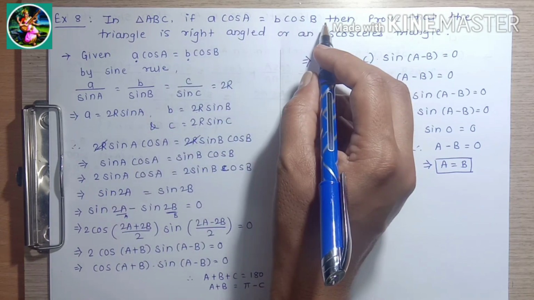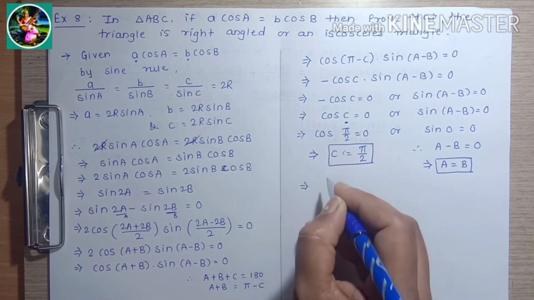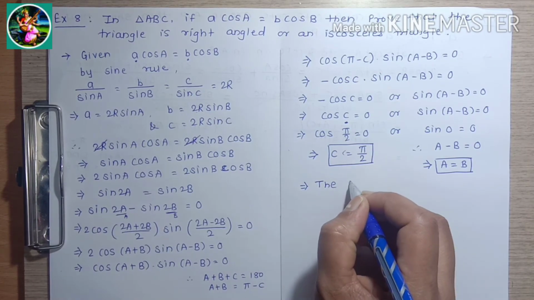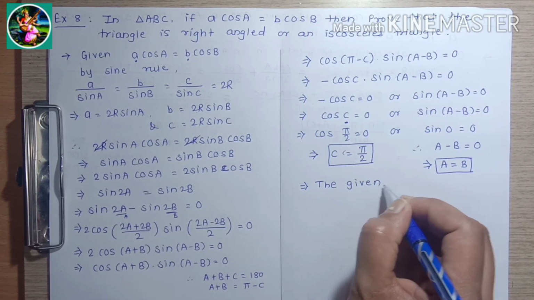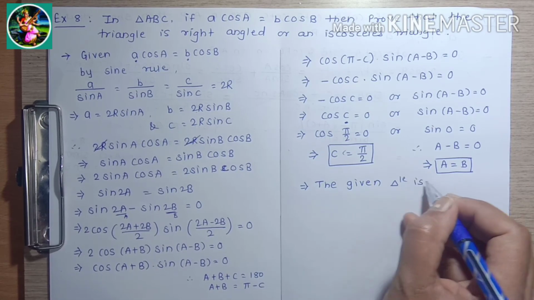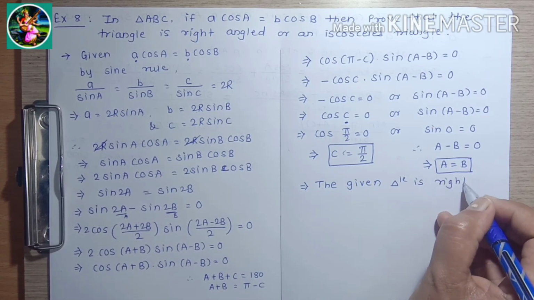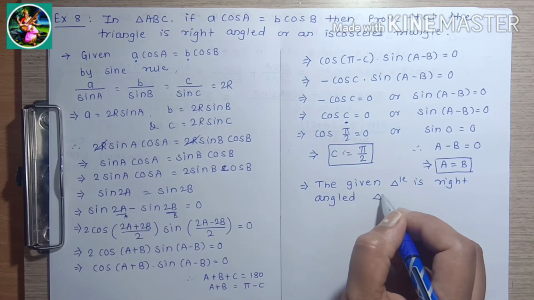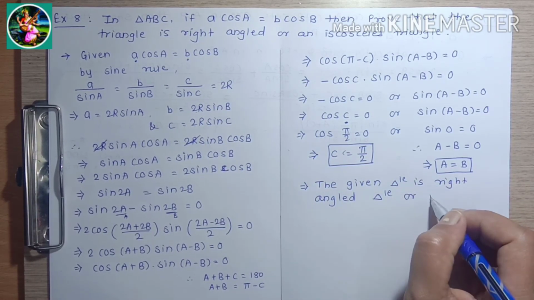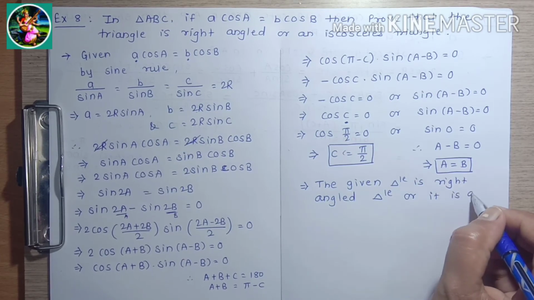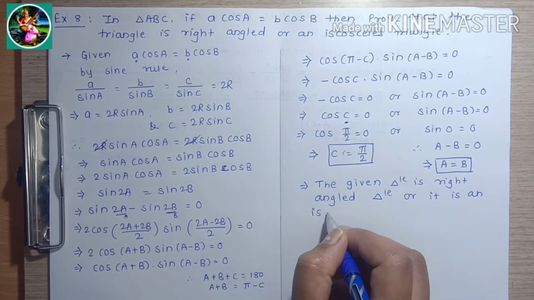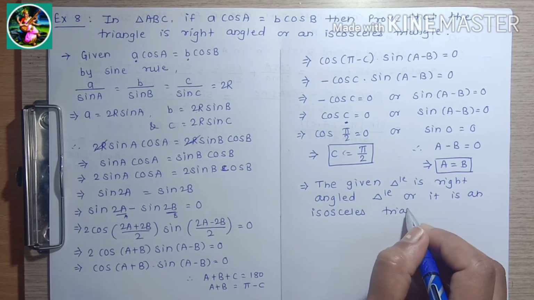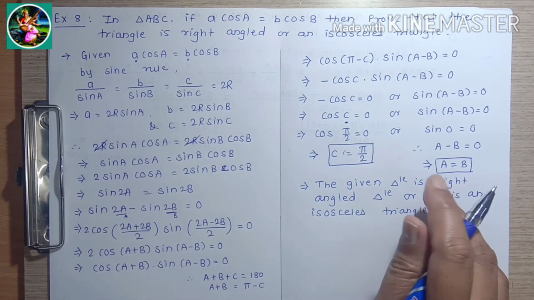Therefore, for the given condition, either the given triangle is a right angled triangle, or it is an isosceles triangle. Hence we proved.